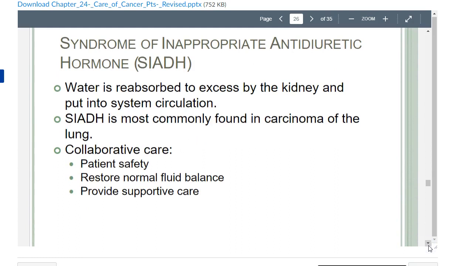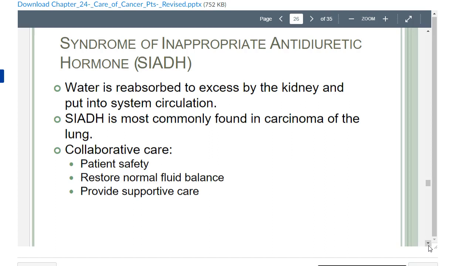Syndrome of inappropriate antidiuretic hormone, called SIADH. ADH is a hormone that comes from our post-pituitary, okay? And I'm not going to say this in a lot of detail because we will talk about this much more specifically when we get to our next system, the endocrine system, because we will talk about ADH.